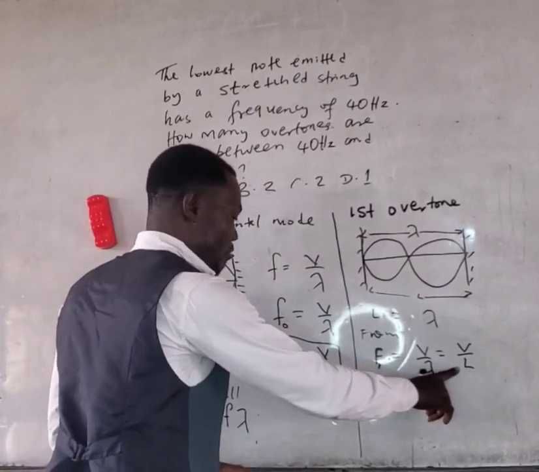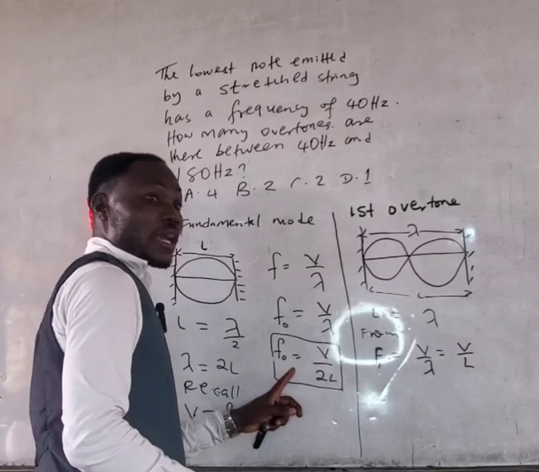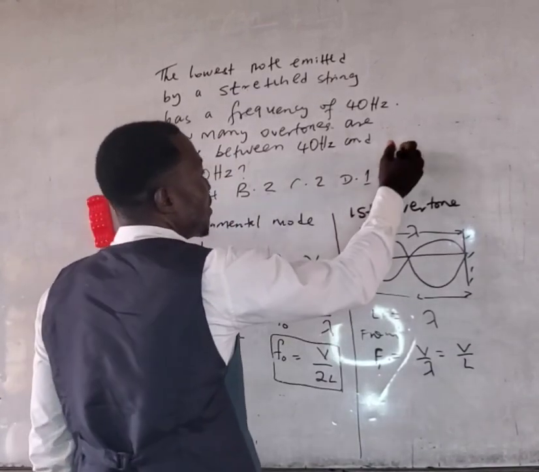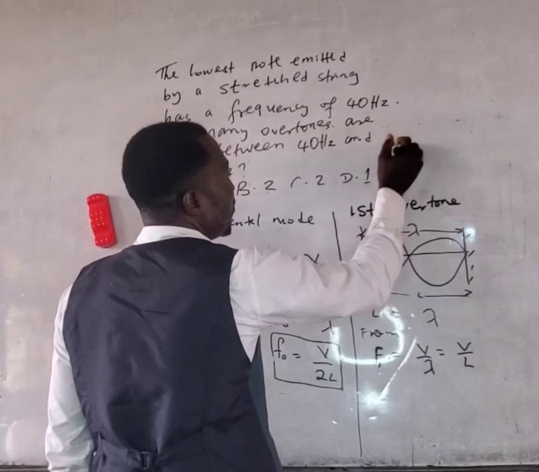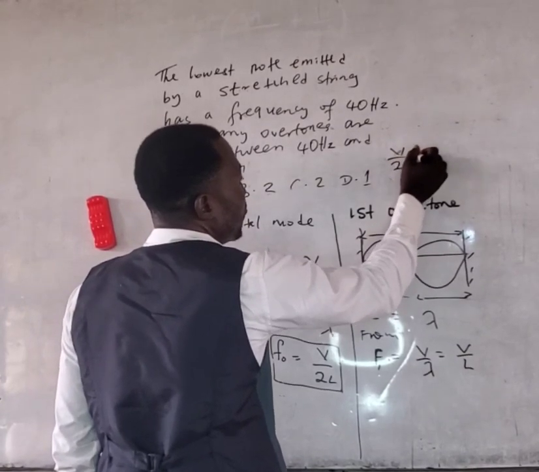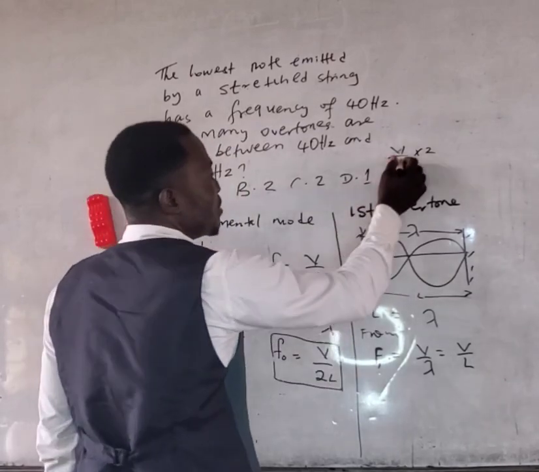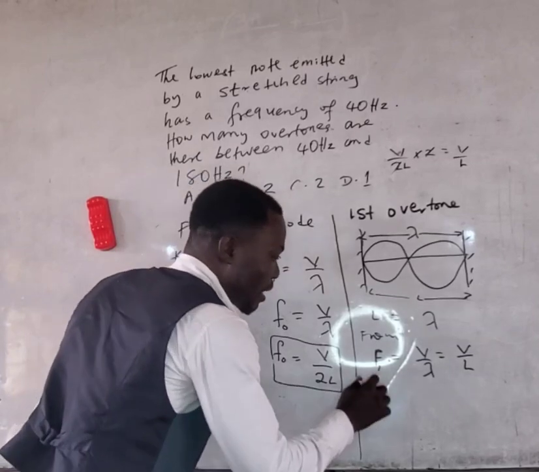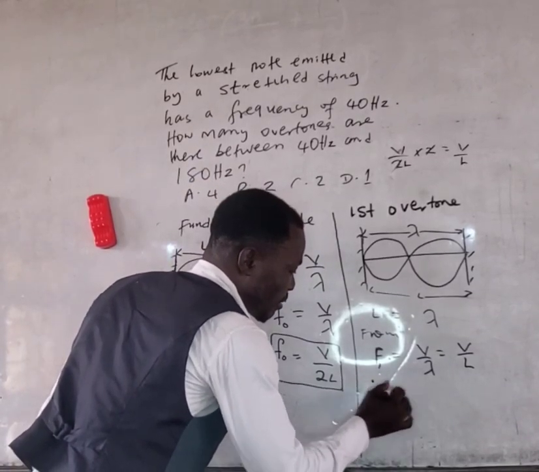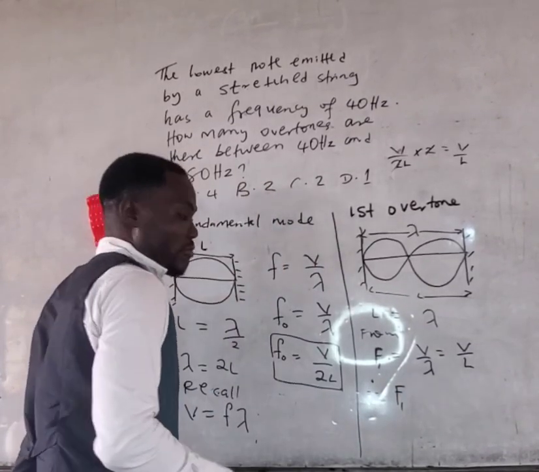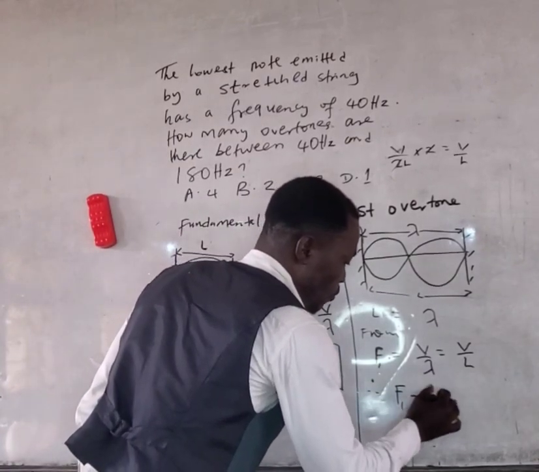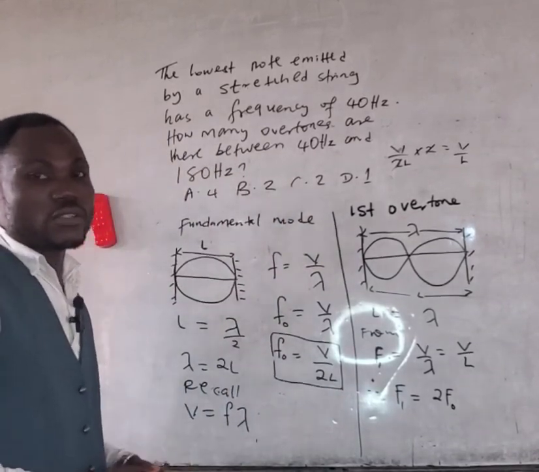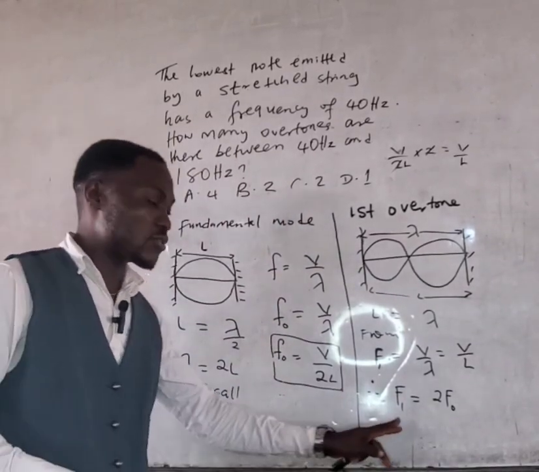If I multiply V over 2L by 2, this cancels this and gives me V over L, which is equal to this. So we can simply say that the frequency of the first overtone is equal to 2 times the fundamental frequency. So this is for the first overtone.